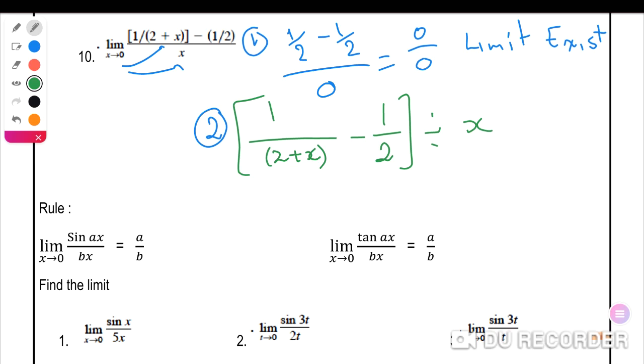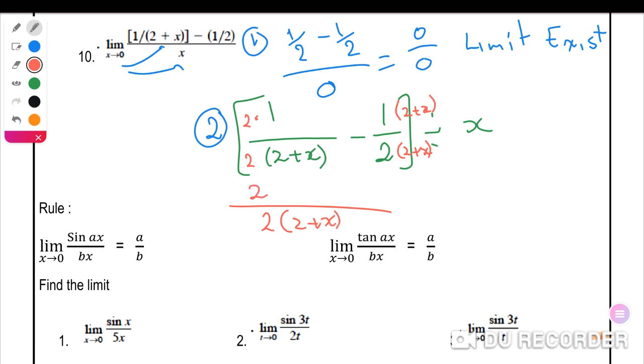Okay, so here, as I told you, cross multiply here by 2, here by 2, and here multiply by the brackets 2 plus x over 2 plus x. Then write the new denominator, which is 2 times 2 plus x. What is the new numerator here? It will be 2.